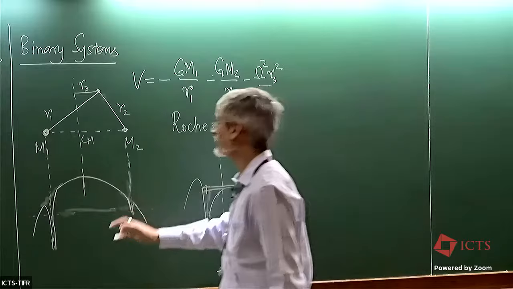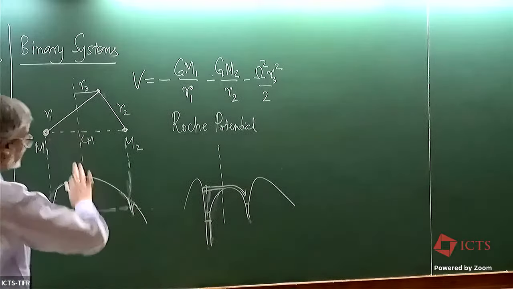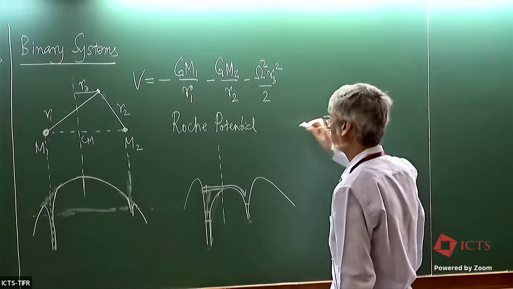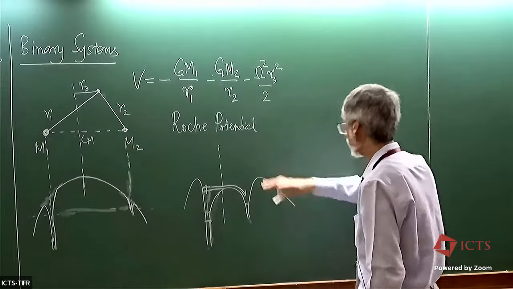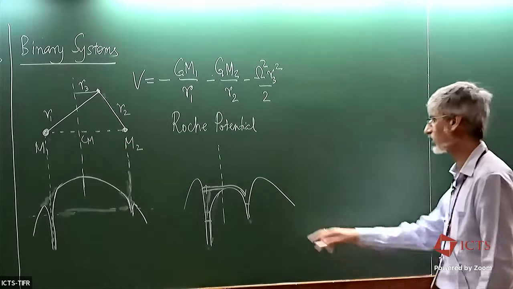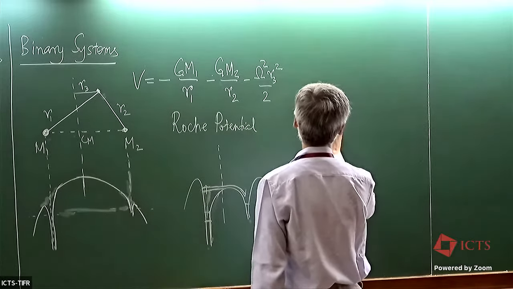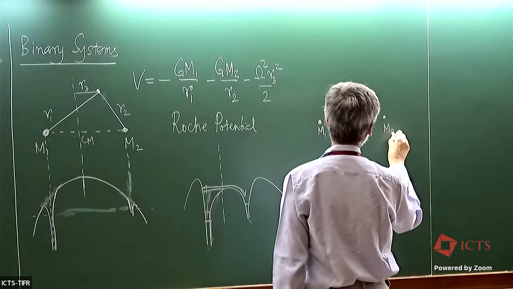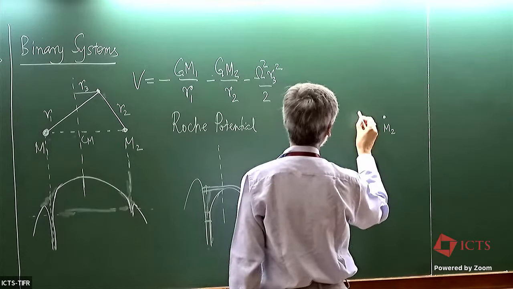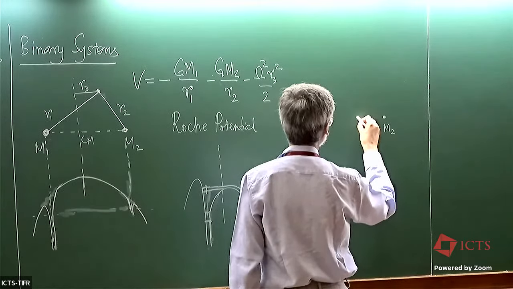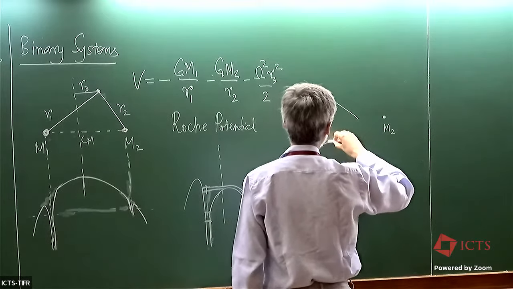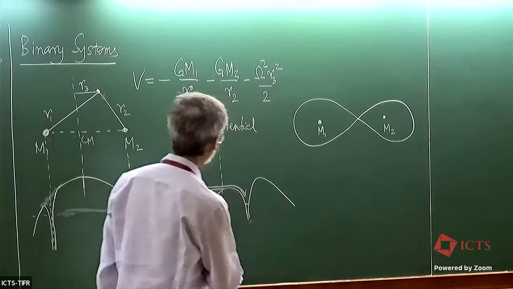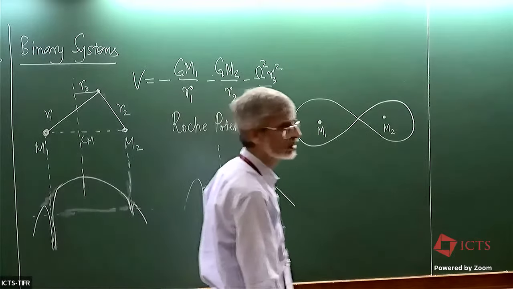So this diagram is usually depicted in the equatorial plane of the binary system. So if I take a cross section and then plot contours of this potential, then you will have M1, M2, and you will have this value of the potential.